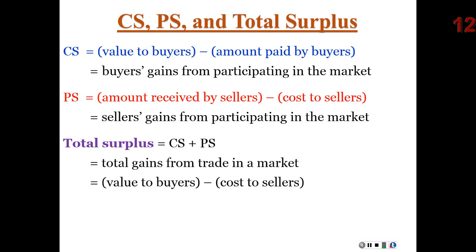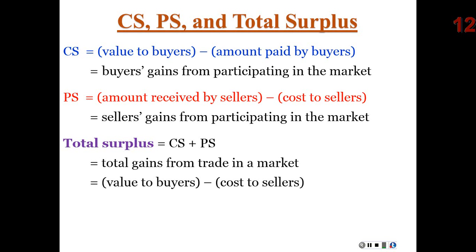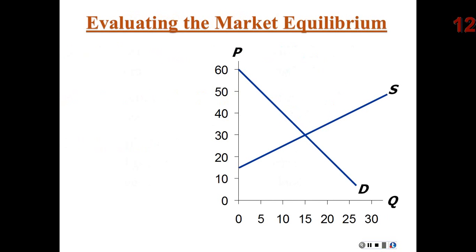And so total surplus really is simply the value to buyers measured by the demand curve minus the cost to sellers measured by the supply curve. So everything between the demand curve and the supply curve is our total surplus in the market.